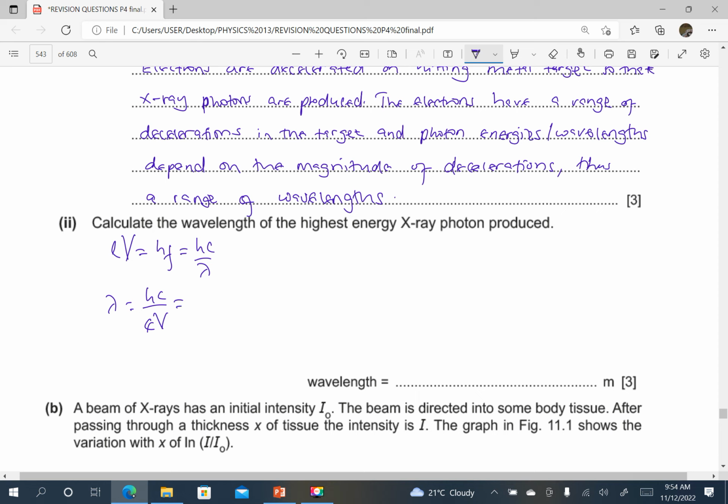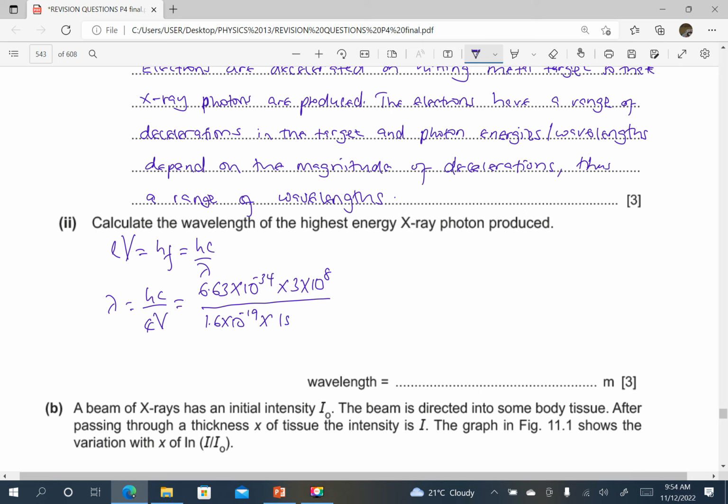So we substitute Planck's constant, 6.63 times 10 power negative 34, times 3 times 10 power 8, divided by 1.6 times 10 power negative 19, then times 1000, since it was given as 15 kV PD.